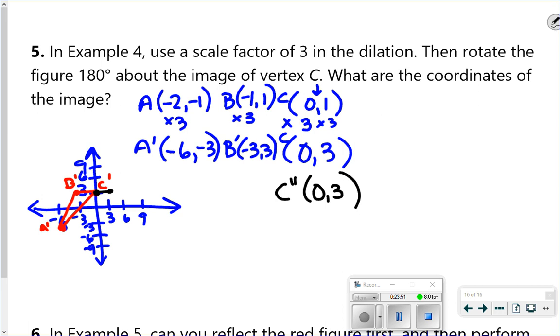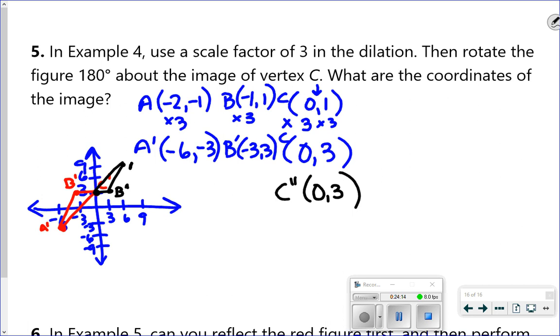And then to get from point B down to point A, it looks like I have to go 3 to the left, and then I need to go 6 down. So now I'm doing the opposite of that. I'm going 3 to the right, and then I'm going 6 up, and then I'm making my points here. So there's my 180 degree rotation.